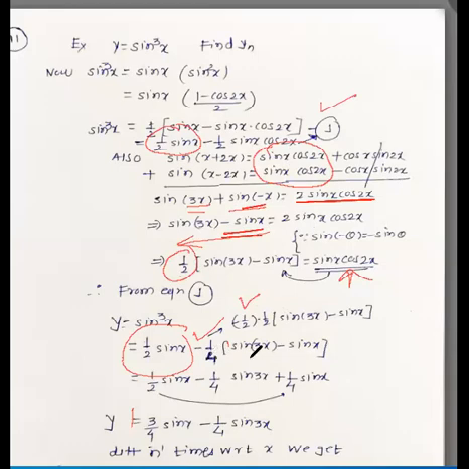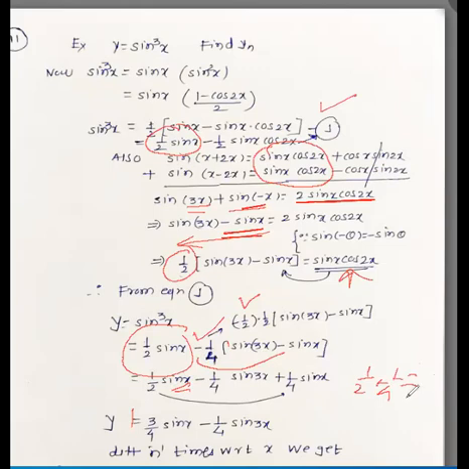Now multiply by minus 1 upon 4. Minus 1 upon 4 sin 3x. This minus minus is plus 1 upon 4 sin x. So now this sin x and this sin x: half plus 1 upon 4.